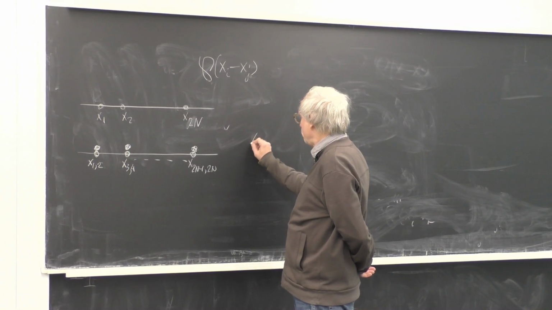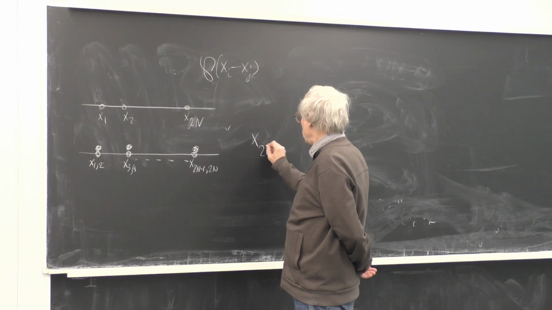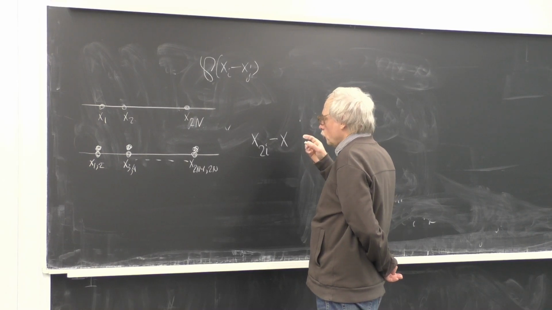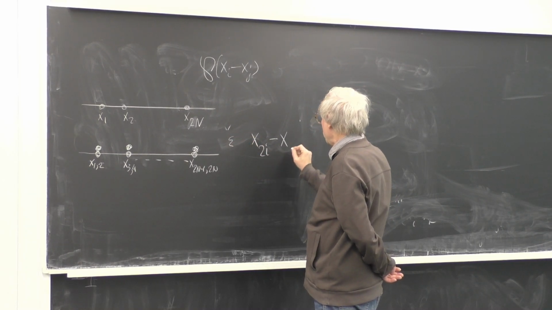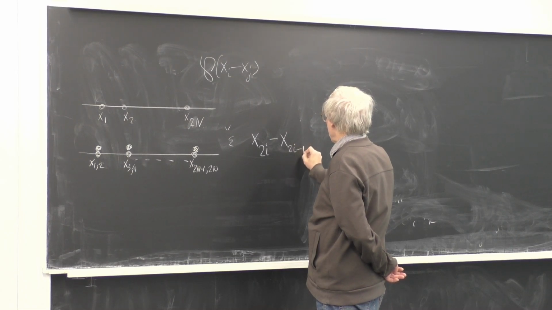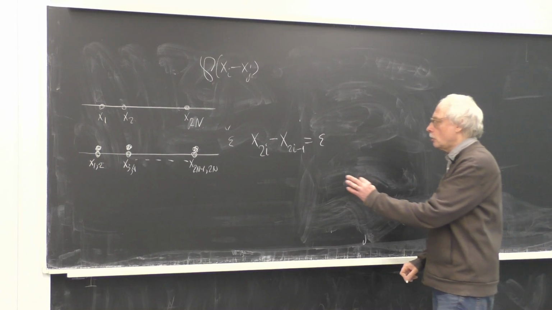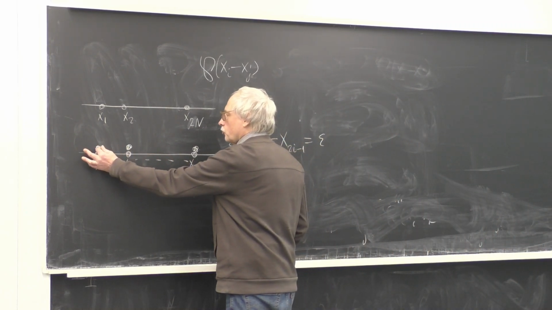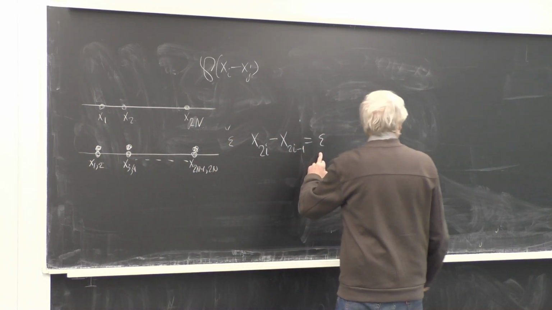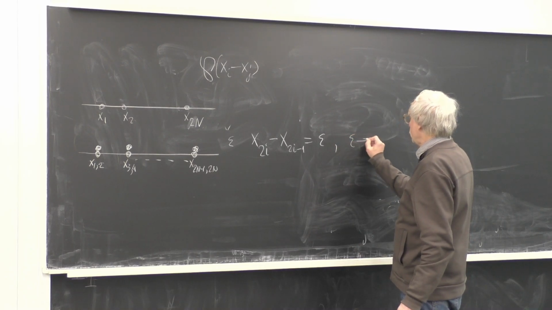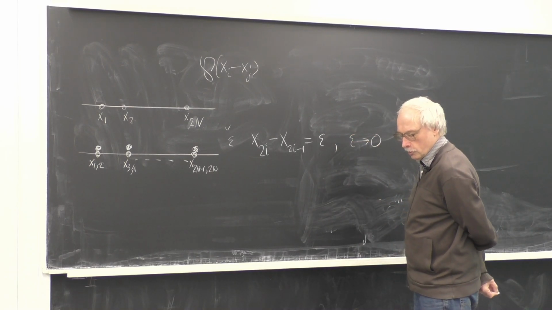However, we can introduce some small parameter epsilon such that the difference between particles in each pair is epsilon, and tend epsilon to 0 at the end.